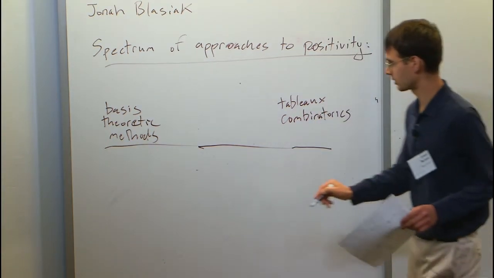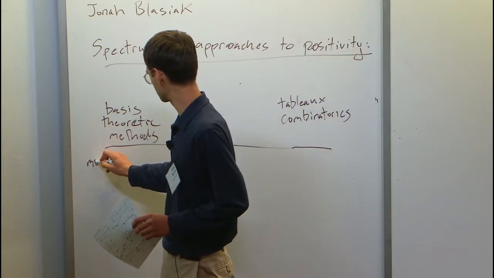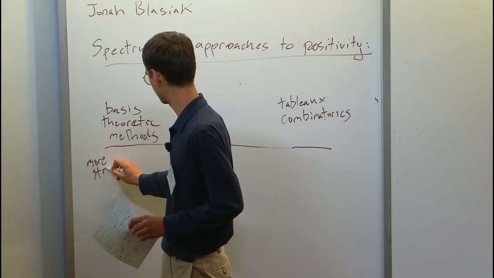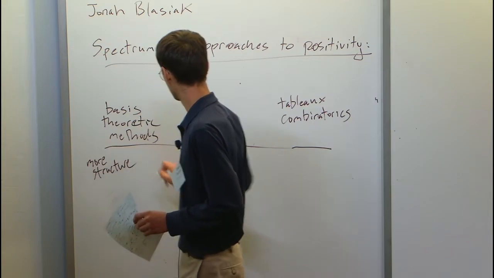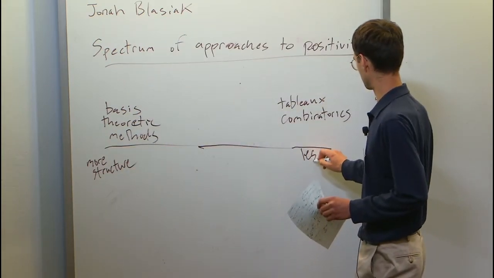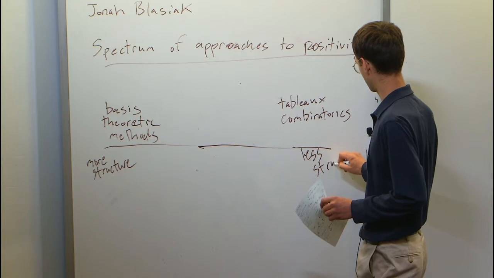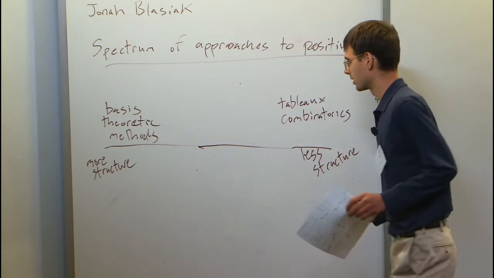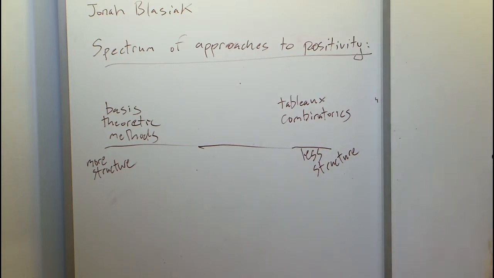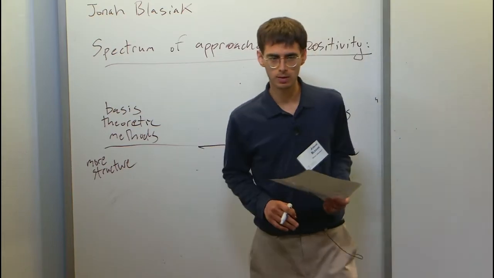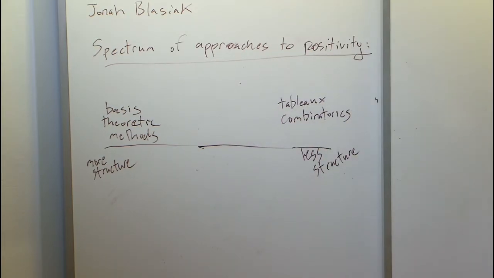I think of these as more structured, and these as less structured. By basis theoretic methods, I mean maybe we have some module for the symmetric group, and we want to decompose it into irreducibles. We want the multiplicity of some irreducible representation in that.